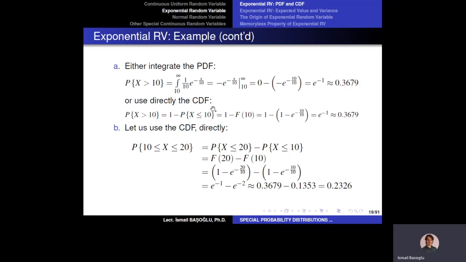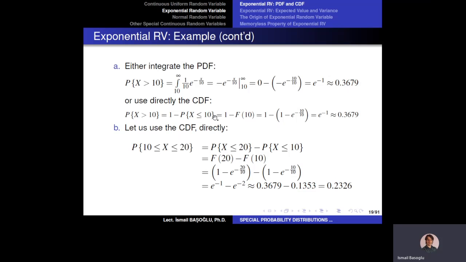Or you can use directly the cumulative distribution function. So such a probability is called the tail probability because it's not similar to the cumulative probability. Cumulative probabilities always indicate less than or equal to sign. So here we are asking the probability of random variable being greater than 10. And the complement of this event is the random variable being less than or equal to 10.